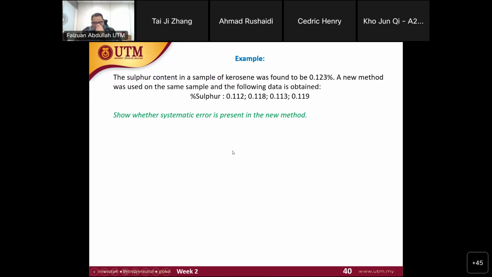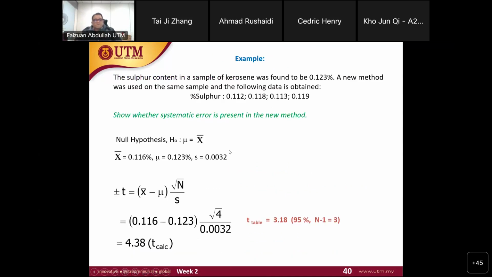So we just see the example here. The sulfur content in a sample of kerosene was found to be 0.123%. A new method was used on the same sample and the following data is obtained. The first thing is the sulfur content of the sample, known to be 0.123%.